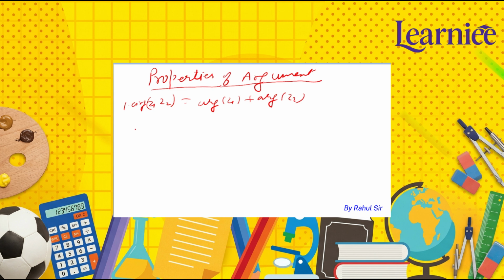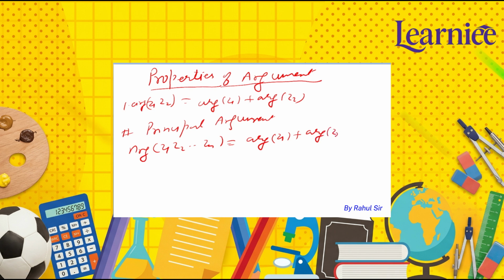But the interesting thing is the principal argument. So the argument of z1 z2 up to zn is equal to the argument of z1 plus the argument of z2 up to the argument of zn plus 2k pi, where k is any integer.